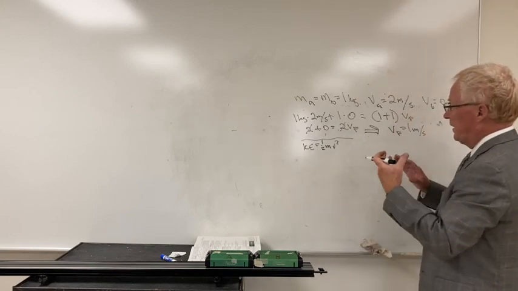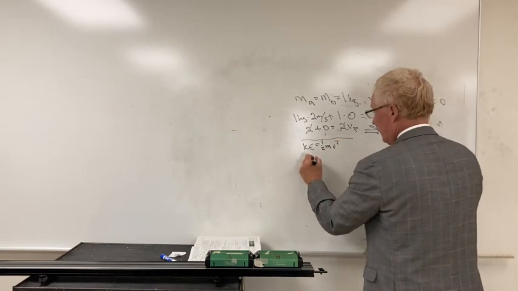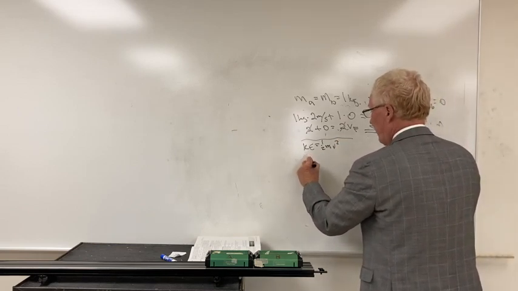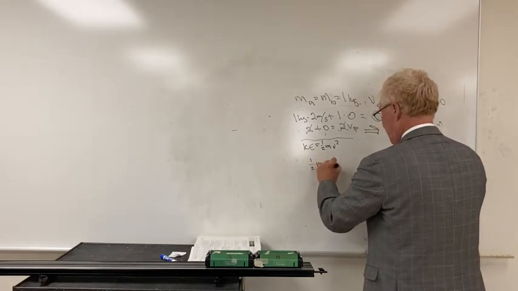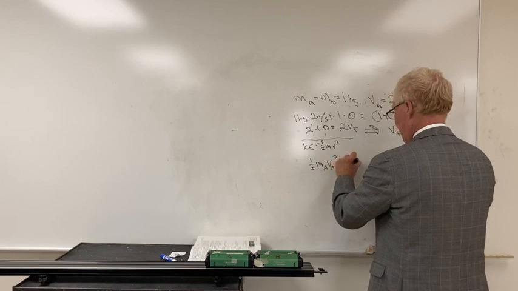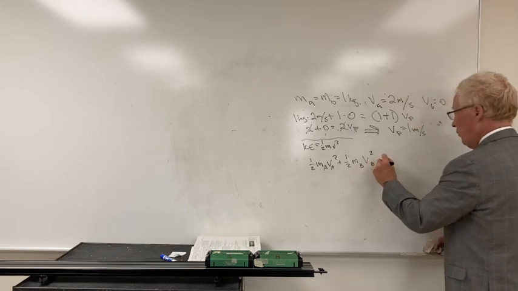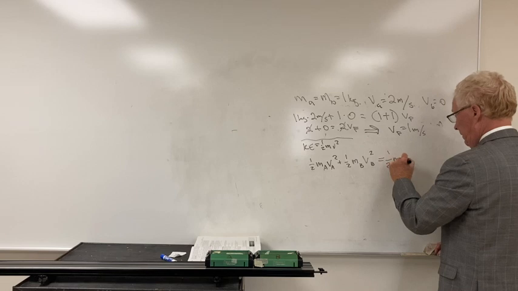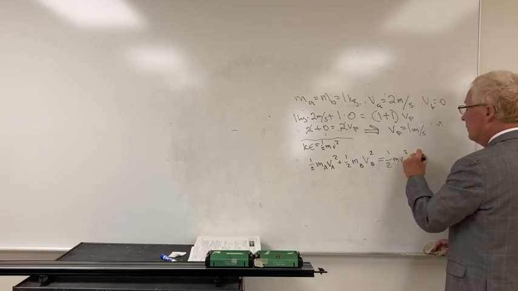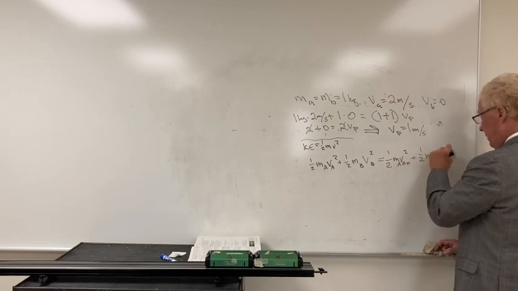So if we look at the kinetic energy before and kinetic energy after, for each one, it's going to be 1/2 ma va squared plus 1/2 mb vb squared equals, afterwards, 1/2 ma va final squared plus 1/2 mb vb final squared.